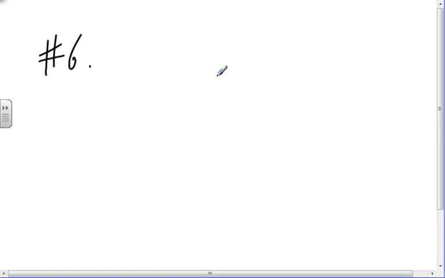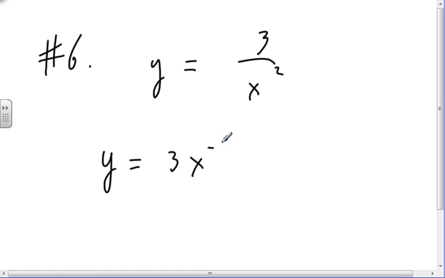Find the indicated derivative. All right, so y is equal to, and I would never solve this problem because this is a pain in the butt problem, right? Oh, wait a minute. That's an x squared? At least I could write the problem down right. All right, so I would solve the problem y is equal to 3x to the minus 2.